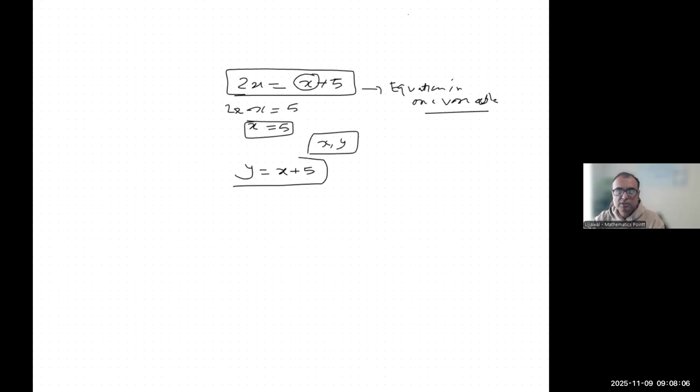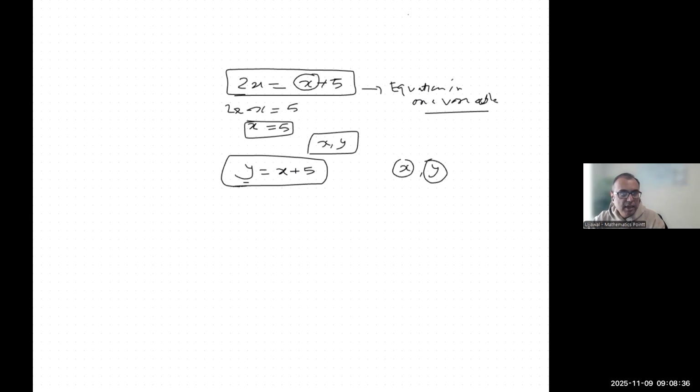An equation is something that has an equal to sign in it. This equation has two variables, x and y. Now we can play around with this as much as we like. How do we play around with it?